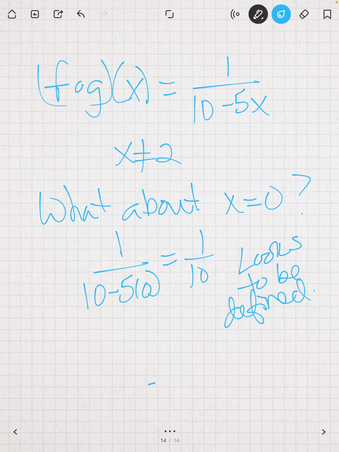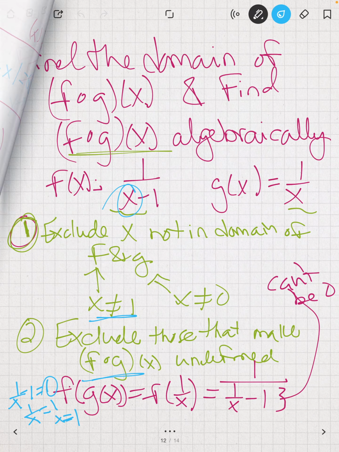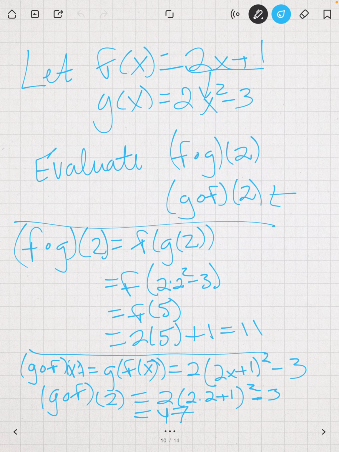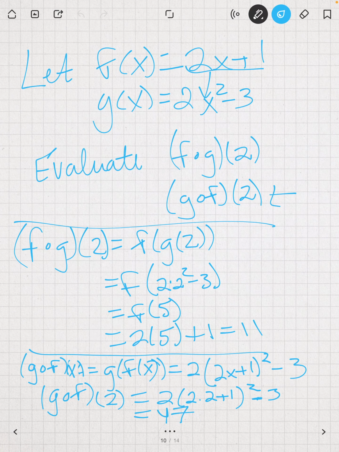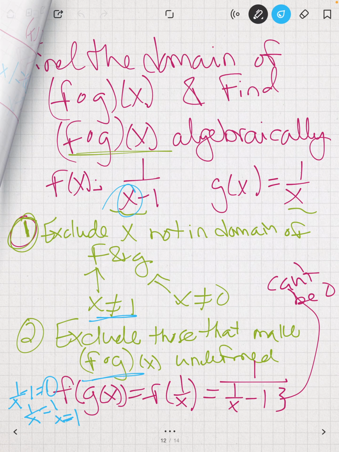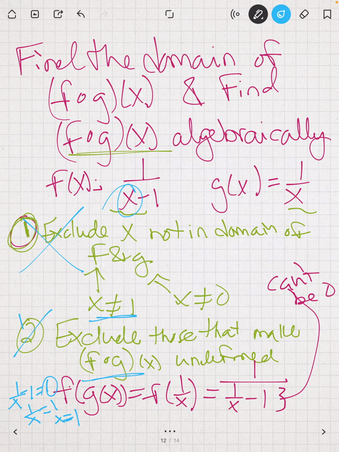Let's go back to our definition, or even earlier than that. I said we need the x values where the range of g of x is the domain of f. That is our domain. So it's not that we exclude those in f and g and then exclude these.